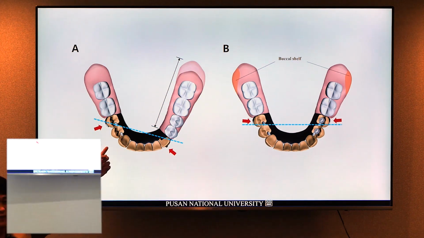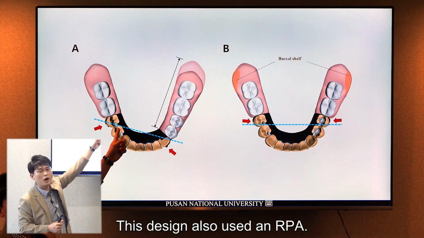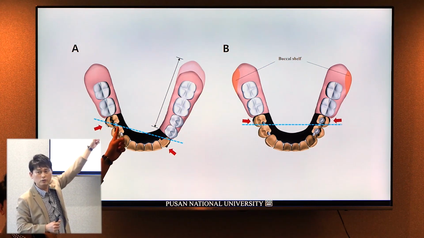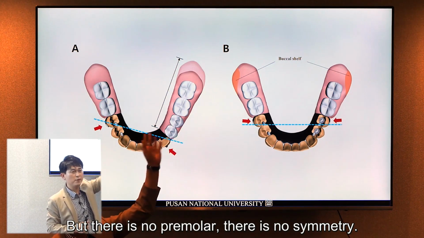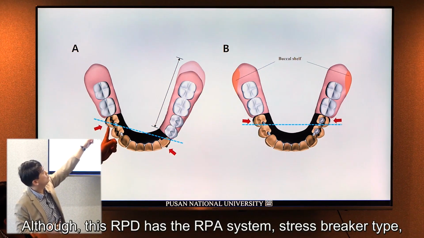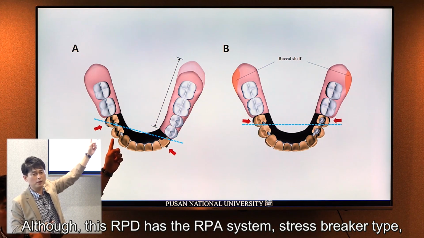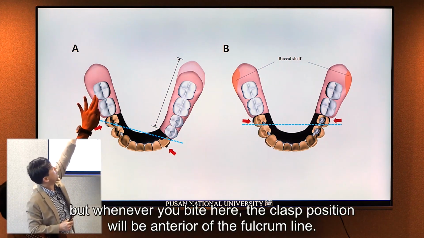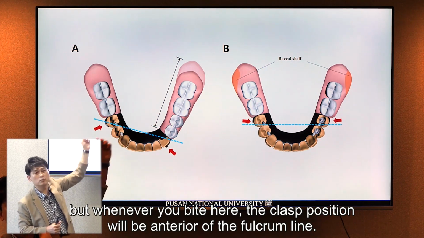Look at this. This design also used the RPA, but there is no premolar area. There is no symmetry. So look at this design. Although the RPD has the RPA system, the stress breaker type, whenever you bite here, the clasp is positioned anterior to the fulcrum line.